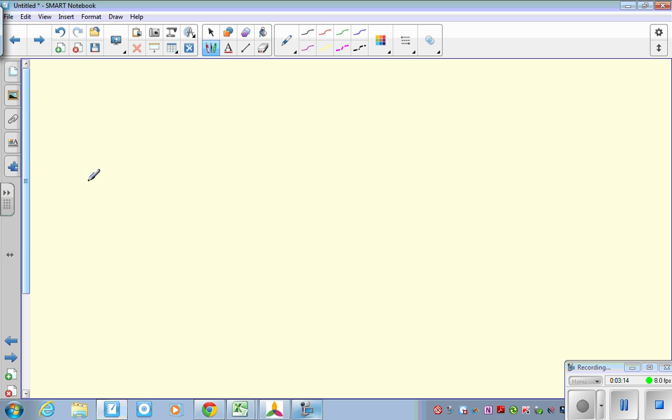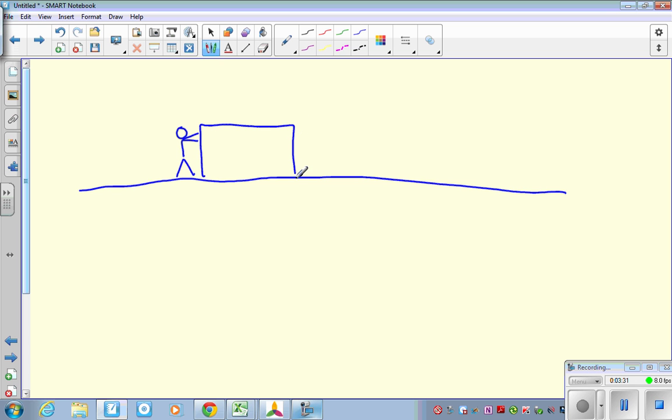Now let's have our stick figure man or woman, and assume my ground should be level, is pushing, but for some reason it hurts his or her back to push this box directly across.